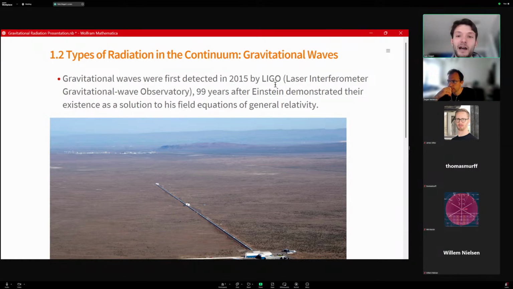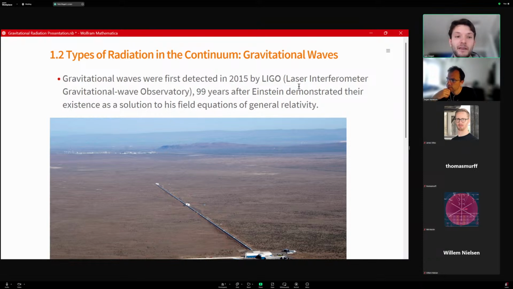Einstein published his field equations in 1915, and in 1916 he showed that we should expect these wave-like solutions to his equations. And then 99 years after that, we were actually able to detect these waves.